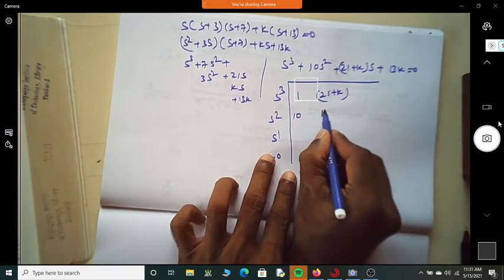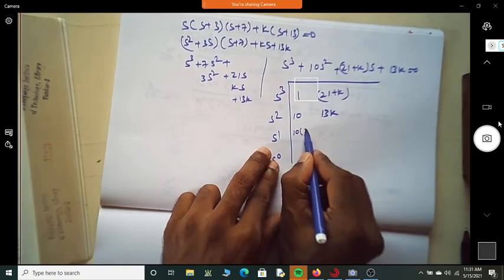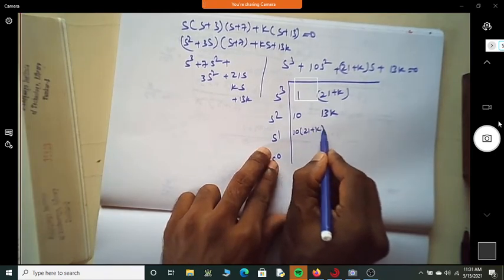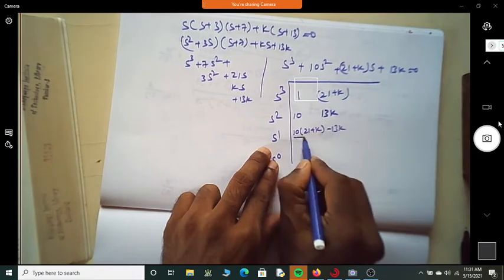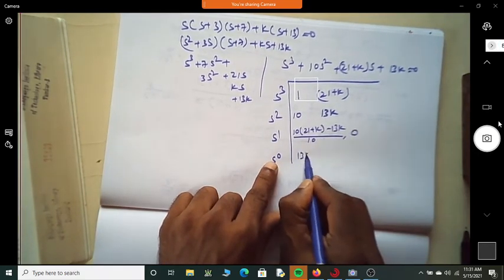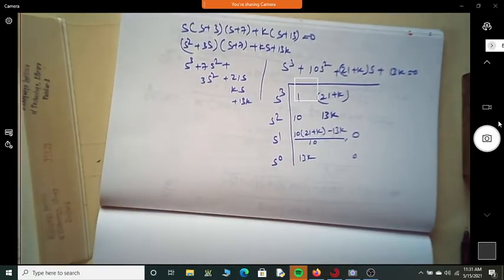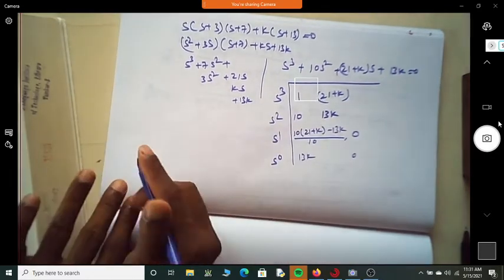Correct? Okay. Then how much is this? 10 into (21 plus k) minus 13k divided by 10, then 0, 13k, 0. Am I correct? Can we actually solve this now?